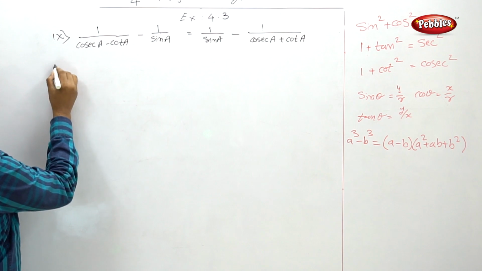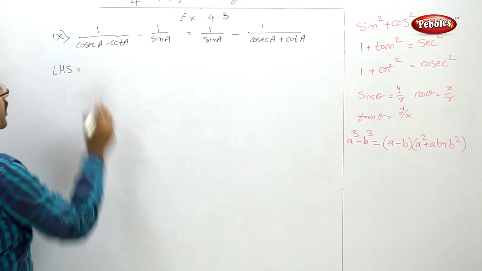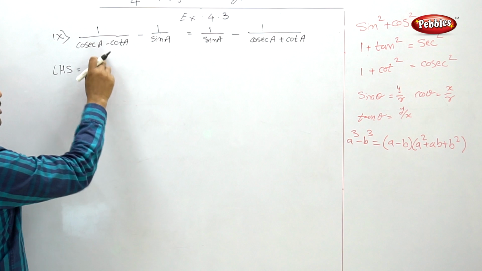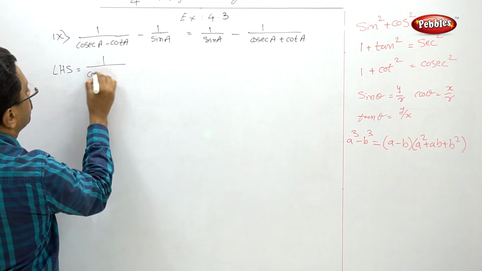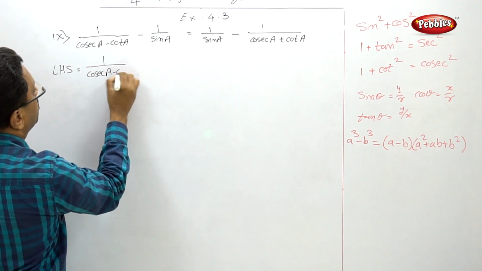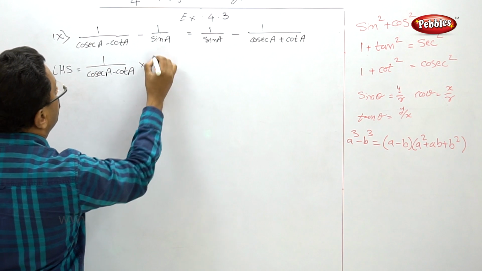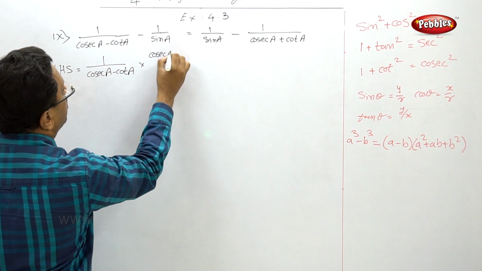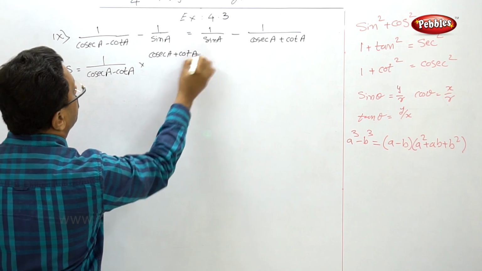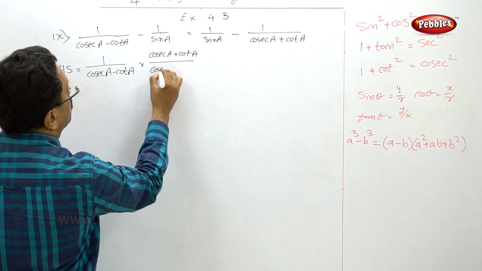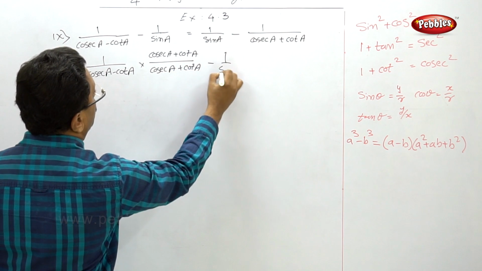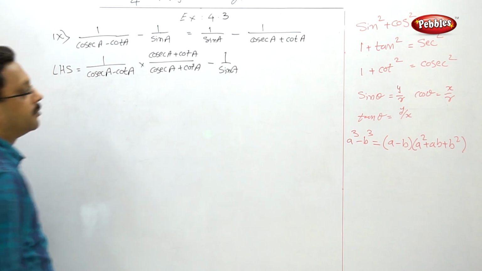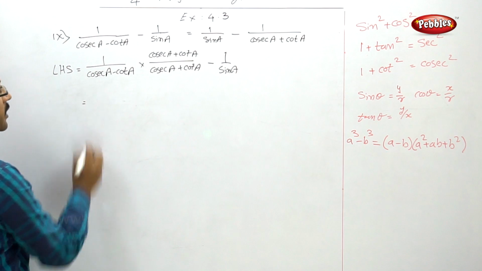So left hand side is equal to, we will try to rationalize this. So we have 1 upon cosec A minus cot A into cosec A plus cot A upon cosec A plus cot A, minus 1 upon sin A. Right? So what we will get?